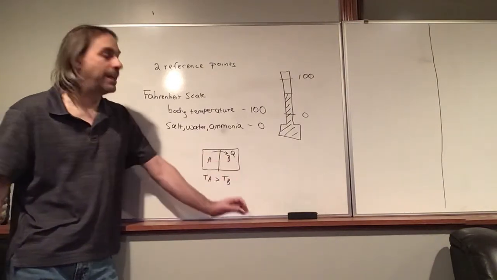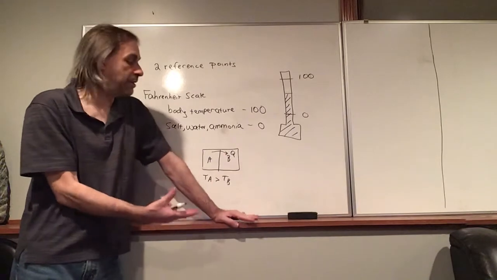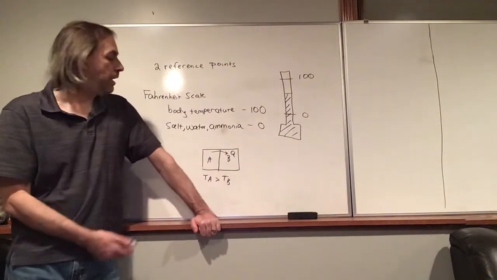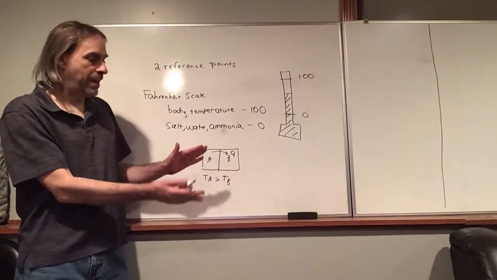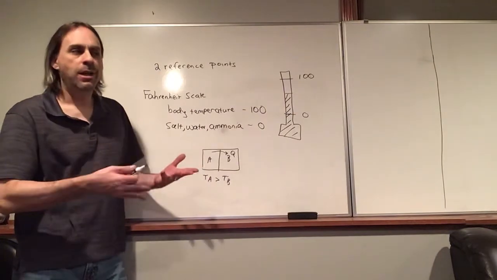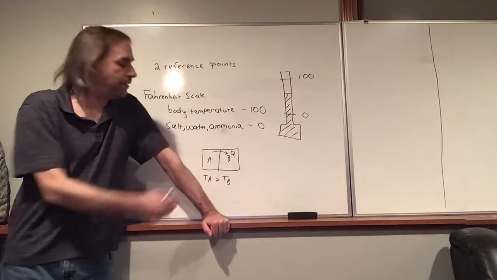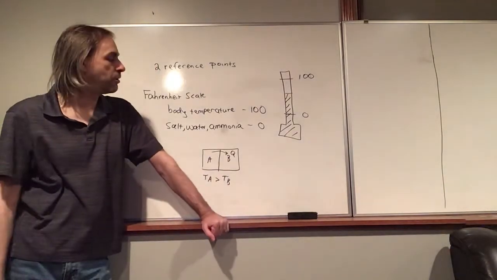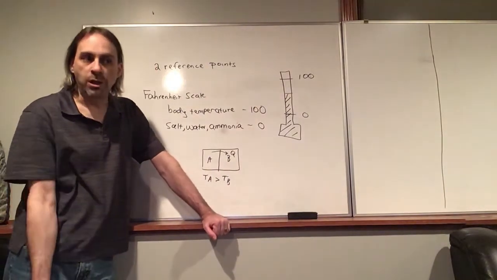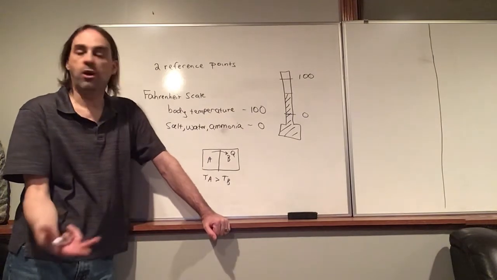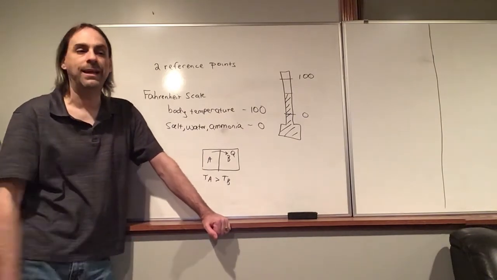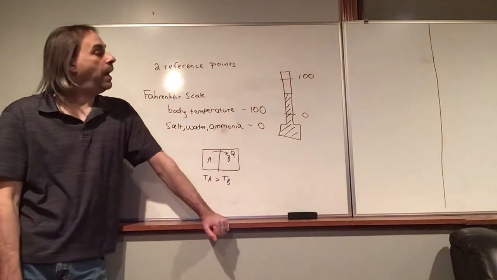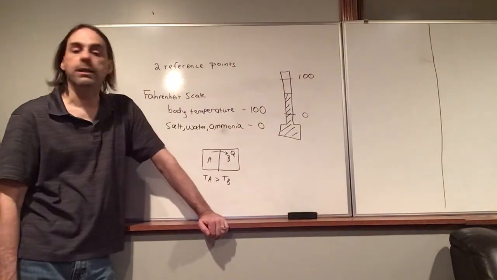And B is gaining energy, and so B is going to warm up. And so eventually these two temperatures are going to get closer and closer together. Eventually they're going to be the same temperature. Energy is going to continue to flow as long as there's that temperature difference. So if you wait long enough, they will be in thermal equilibrium where they're at the same temperature. And so we can use that to design a thermometer.